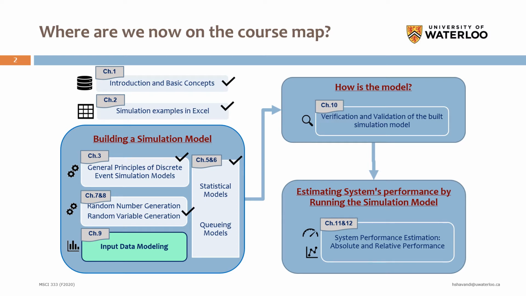This means that after this week we will complete all the knowledge that we need in order to build a simulation model, I mean a discrete event simulation model. After this chapter, we will have all the skills and knowledge to build a simulation model, and then we'll learn how we can verify and validate a simulation model, and also how we can infer from the results obtained by a simulation model.